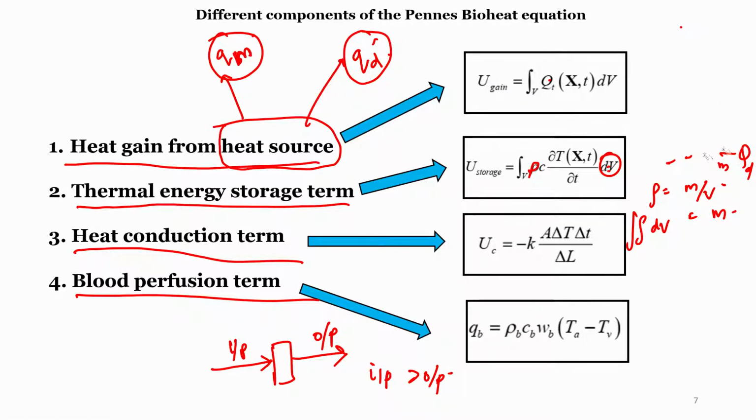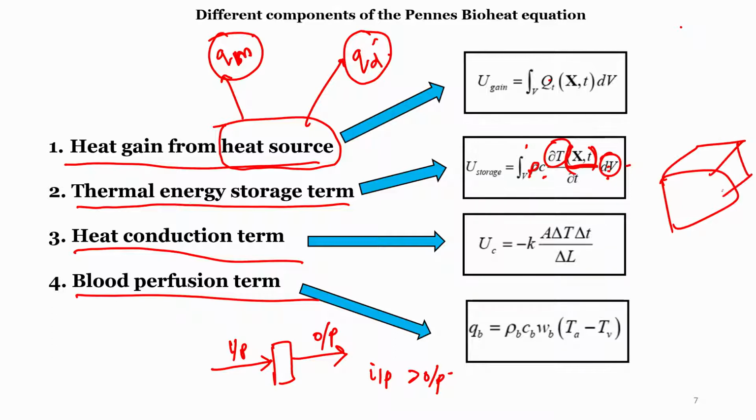We carry this out to get the total mass, and to integrate the total residual heat energy in the tissue over the entire volume to get the overall stored energy. Rho dV gives you mass, m c dou T as a function of x and t. Basically, what it means is that the temperature of the tissue may not be uniform throughout. So, T(x,t) is the matrix of tissue temperatures at different points and at different times.